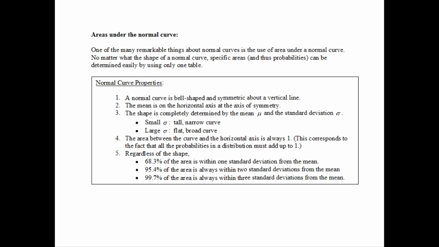So if you have a data point that is more than 3 standard deviations away from the mean, that's what we call an outlier. It is very much a non-typical value. It turns out areas under the curve, which correspond to probabilities, can all be determined using only one table, regardless of our mean and our standard deviation. And we will learn how to do that.